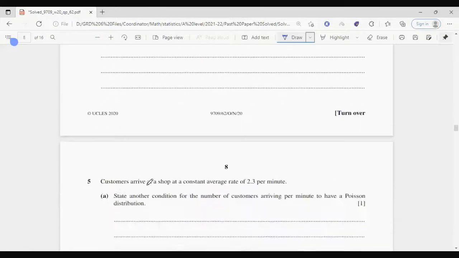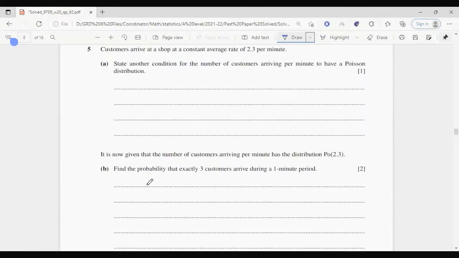Moving on to the next question, number 5. Customers arrive at a shop at a constant average rate of 2.3 per minute. State another condition for the number of customers arriving per minute to have a Poisson distribution. So we know that for a Poisson distribution, arrivals should be independent.